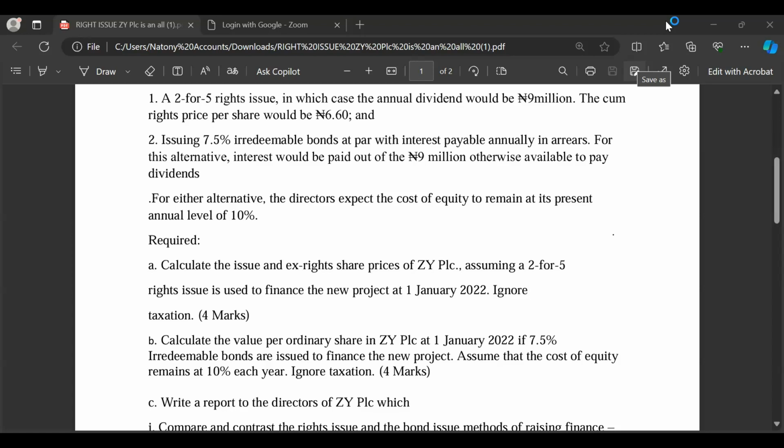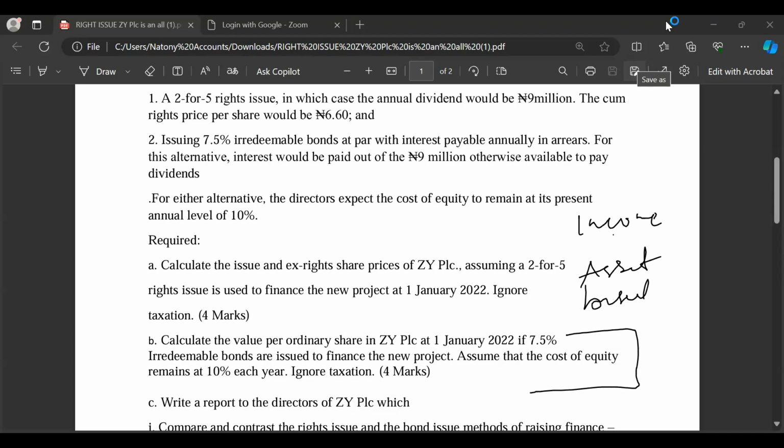So basically, from your business valuation methods, you want to calculate the value of the company's share. And there are different ways that you can use to calculate the value of a company's share. You have the asset-based valuation method. You also have the income-based valuation method.